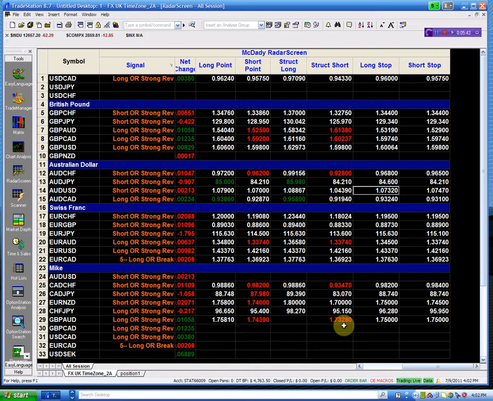So I'm risking about 60 pips on that trade. I'm going short below 107, and my stop is 107.47. My long structure point is the 108.86, and my structure short is the 104.59.